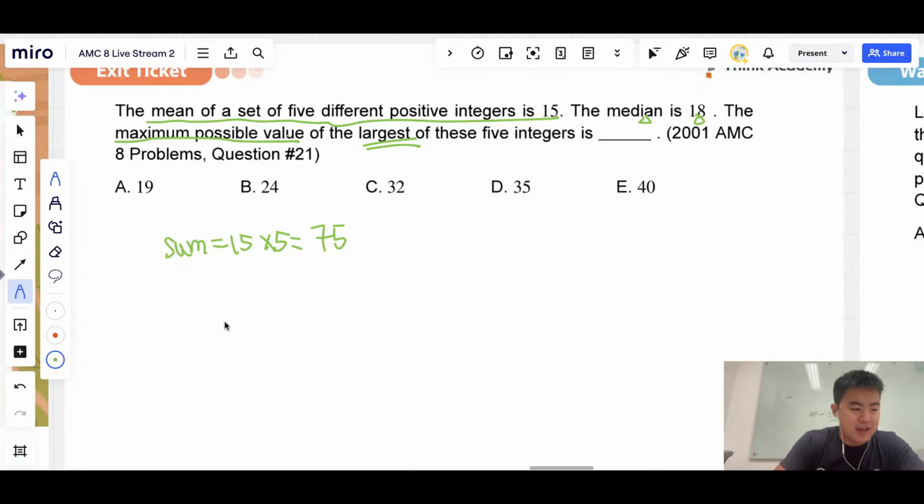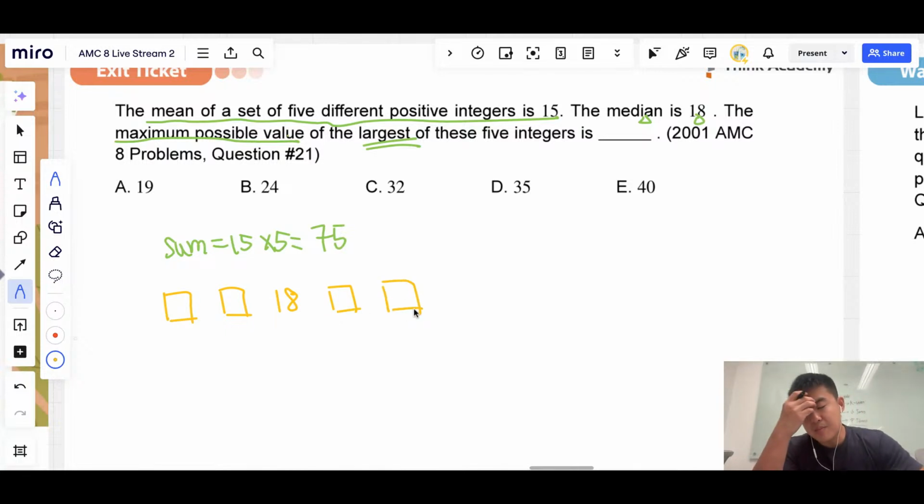So we are basically having a situation like this. Let me change to a different color. How about yellow? We have each box denote one number. Since we have 5 numbers, it should look exactly like this, right? 18 is in the middle because it's the median, and the numbers are ranked from the smallest to the largest. So here are some keywords. What are the requirements for numbers that go into each of these boxes?